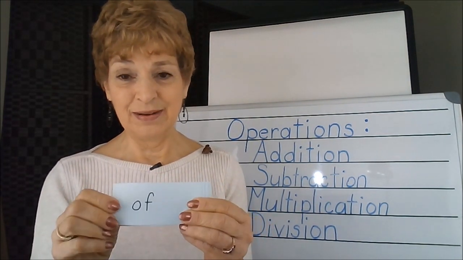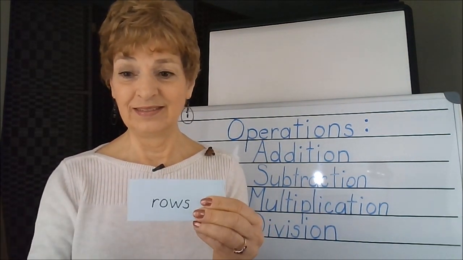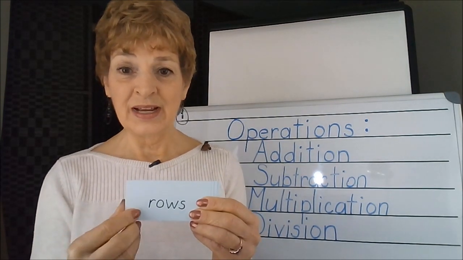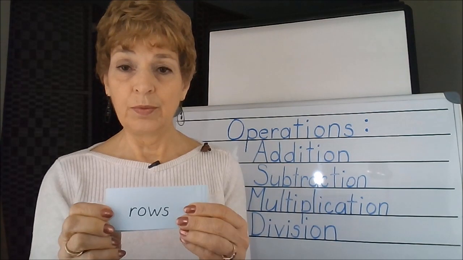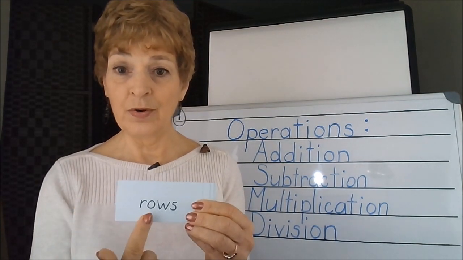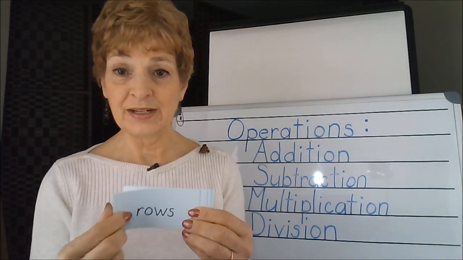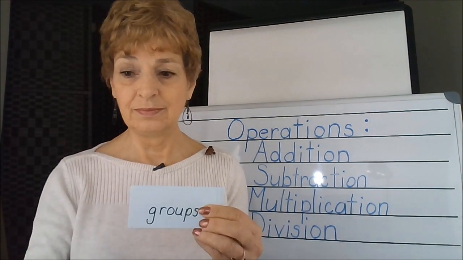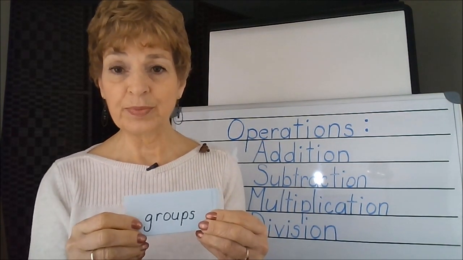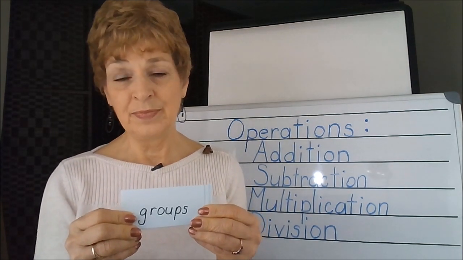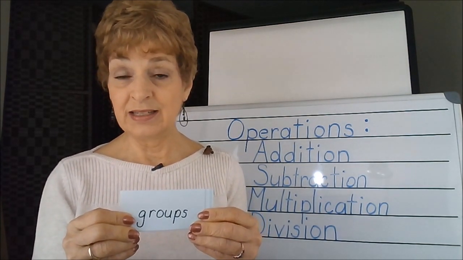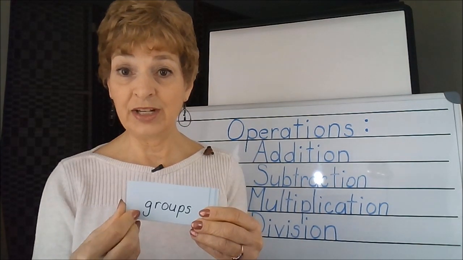Of means times. Rows. If you have 6 rows of chairs with 5 chairs in each row, that suggests a multiplication problem. Groups. Let's say you have 3 keychains and there are 5 keys on each of the keychains.